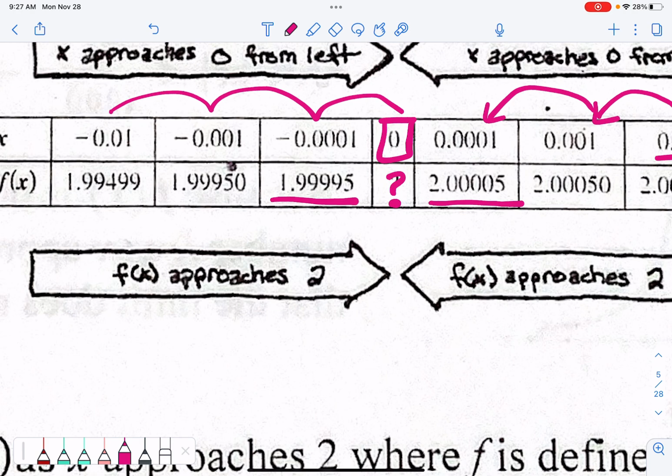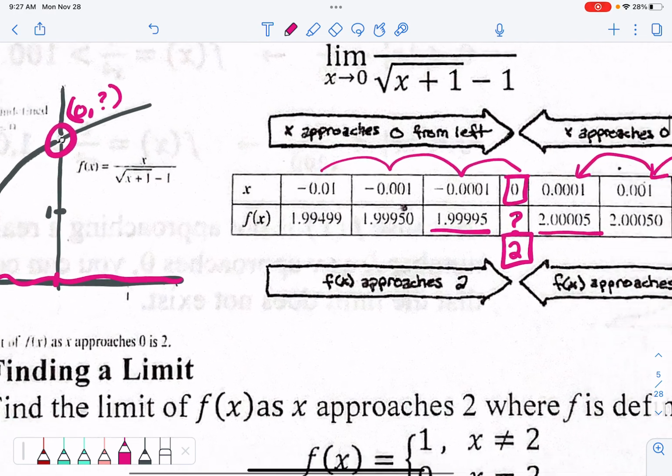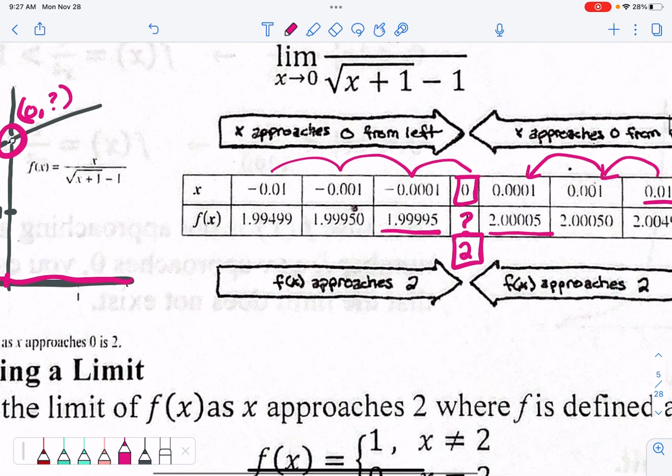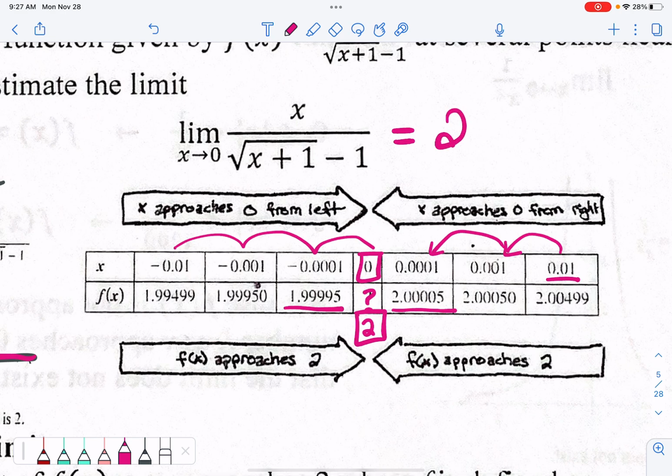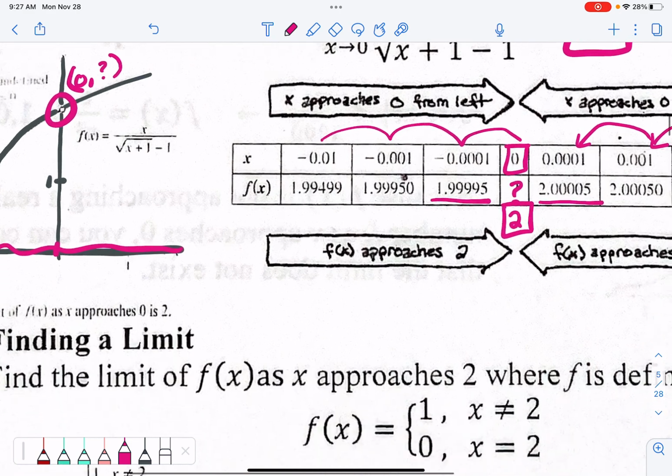So I'm going to guess that this middle guy right here is a y-coordinate of 2, like we guessed over here. I couldn't really see it very well, but I'm guessing that y-coordinate is 2. So the limit equals 2, because if there was no hole there, the y-coordinate would be 2, right? That's how this works. We're trying to figure out what the value would be if there wasn't funny business happening at that point, okay?